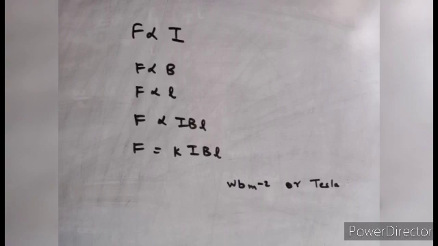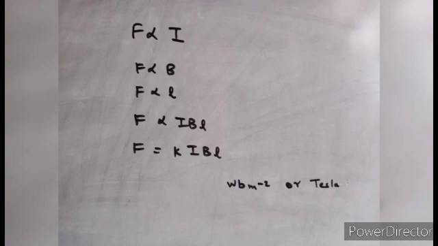The force is directly proportional to the current, that is F proportional to I. The force is directly proportional to the strength of the magnetic field, that is magnetic field is B, so F directly proportional to B. The force is directly proportional to the length of the wire, that is F directly proportional to L, which makes F proportional to IBL. Again, removing the proportional sign, you have to put a constant, that is F equal to KIBL, and the SI unit is Tesla, or you can say Weber per meter square.